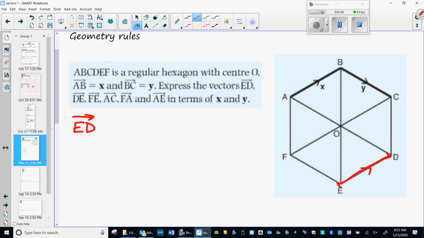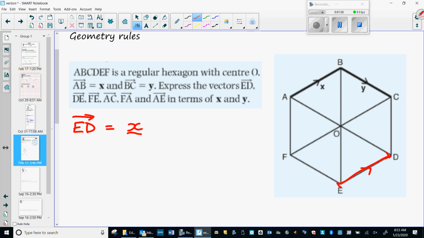And that's it. We would describe E to D as vector x, because it's made the exact same movement. It's parallel to it because we know in a regular hexagon these lines would be parallel and they are the same length. Okay? You should have a squiggly line under it, just because you can't fold something.